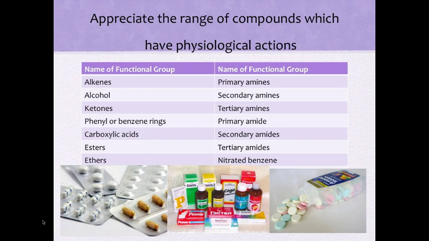You can see 14 in this list of functional groups that have physiological action, anywhere from the simple alkenes and alcohols to tertiary amines and tertiary amides. There's a range of compounds that can be formed and that can be used by humans for good and for bad.